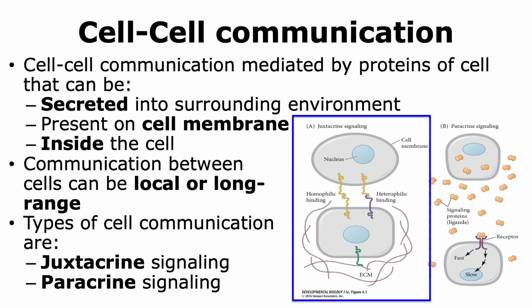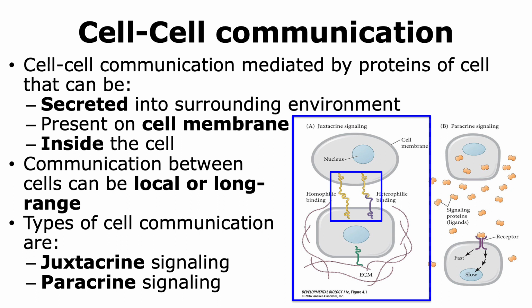When we look at the figure to the right, and when we look at the figure that's part of the box, we're looking at juxtacrine signaling. This is normally mediated by cell surface proteins that are present on two cells that interact with one another. When the same type of protein from one cell interacts with the same type of protein in another cell, it is called homophilic binding, which is what we can see with the two yellow-colored membrane proteins on both cells.